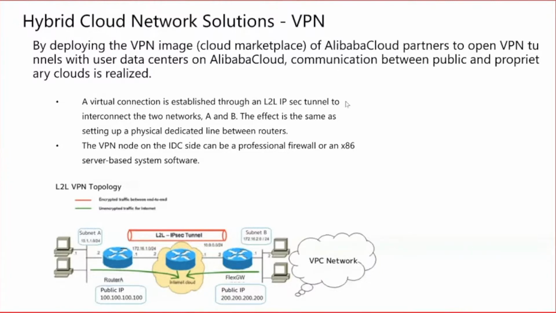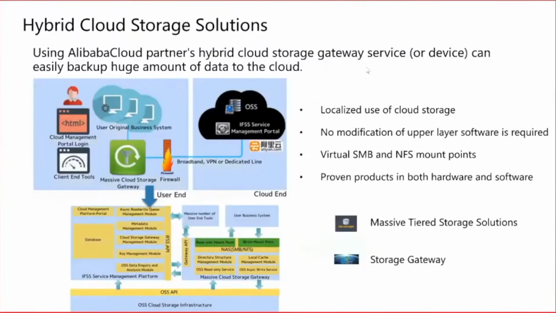However, if the ZStack private cloud network egress is configured at 100 Mbps, and the VPN bandwidth purchased on Alibaba Cloud is 200 Mbps, the IPsec tunnel transfer can only be done at 100 Mbps because of the network communication requirement. So purchasing the right network bandwidth is very helpful for cost saving as well as the hybrid cloud network establishment. The next part is the Alibaba hybrid cloud storage solutions.